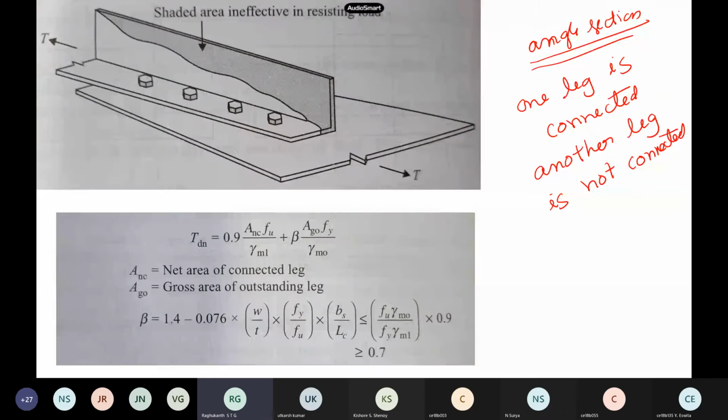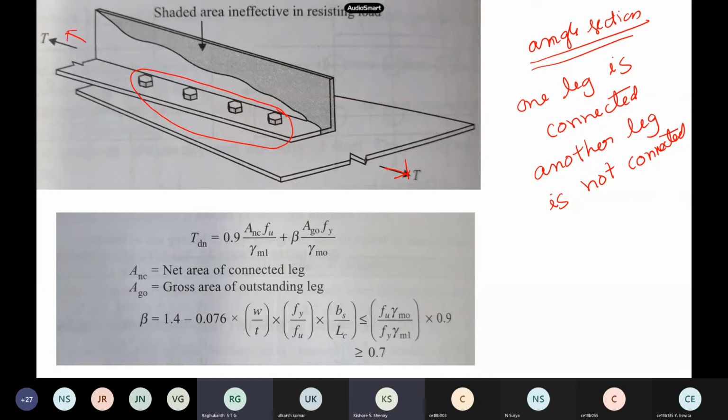You follow, right? So it looks just like this. Here this is a tension member, this whole thing is in tension, but how is the load getting transferred from the gusset plate to your angle section?